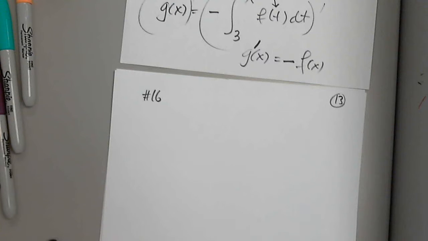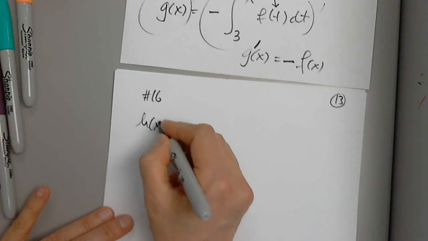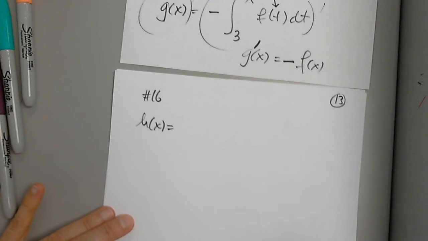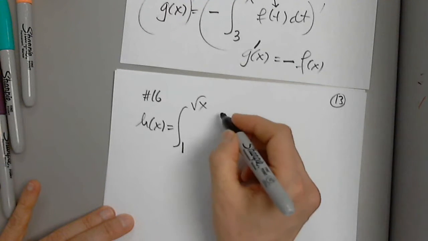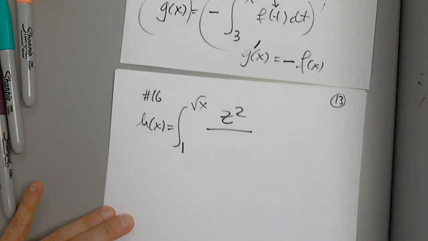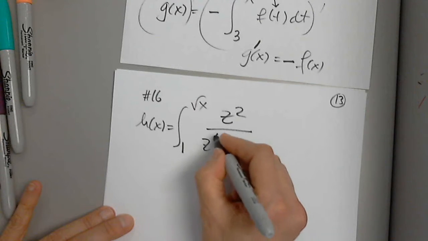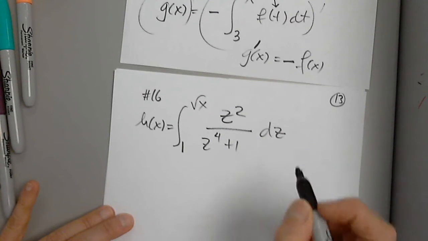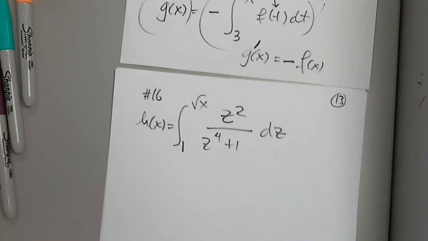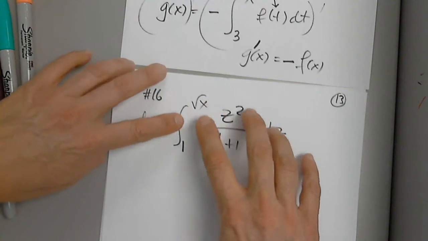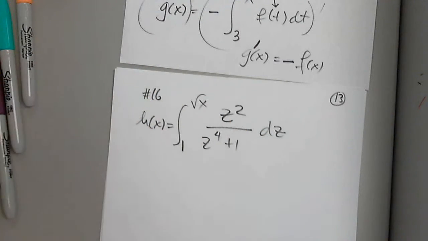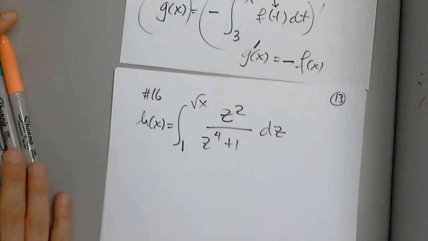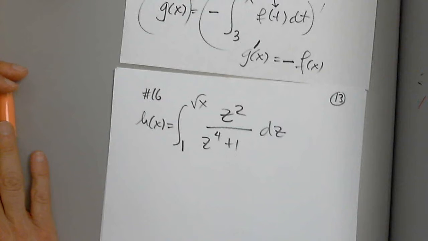So 16, h of x equals the integral from 1 to the square root of x of z squared over z to the 4th plus 1 dz. Remember, when the limits of integration are functions, either one or both, we will never be asked to determine the integral.